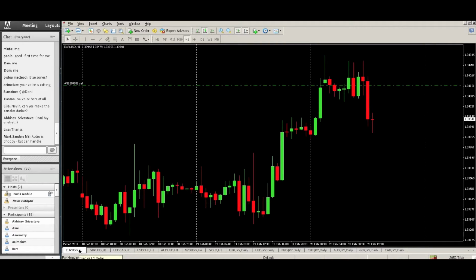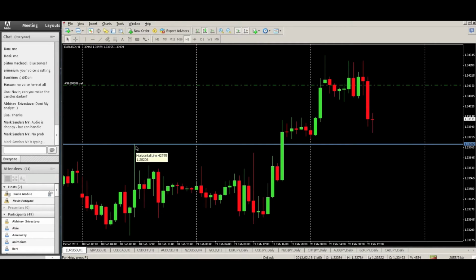Now, a base recap on support and resistance. The traditional books, when you learn support and resistance, tell you that the area where the market turned around from is your level of support or resistance.